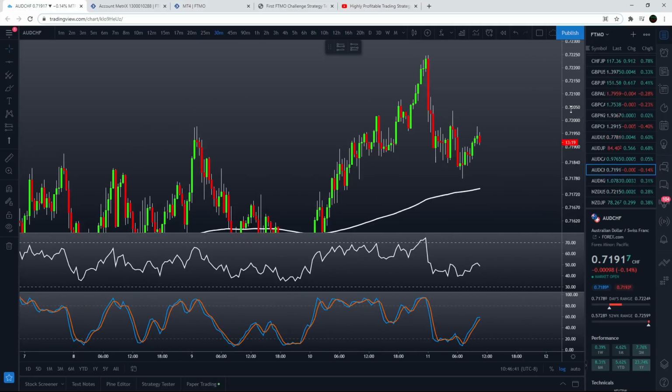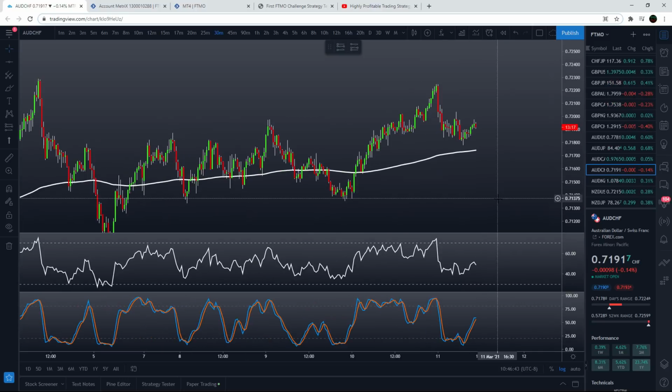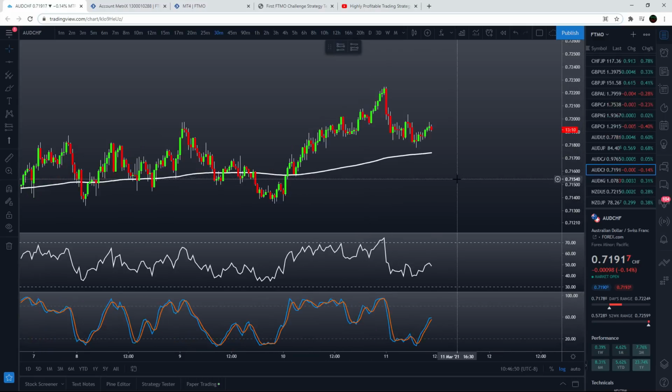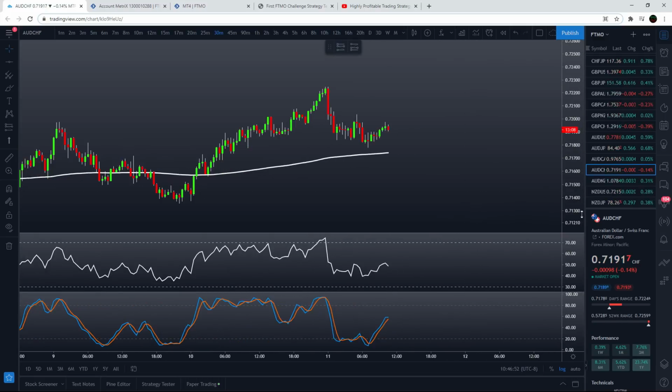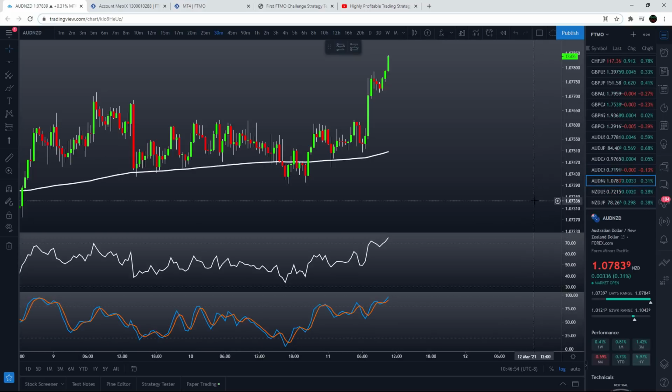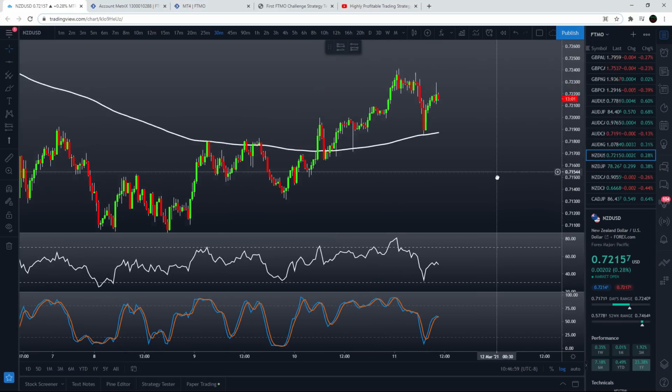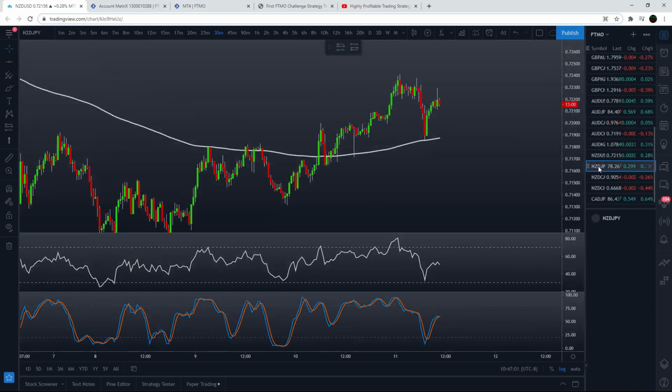Let's look at Australian dollar, Swiss franc here. Yeah, no hidden divergence on this one. Extended. No good setup for us.